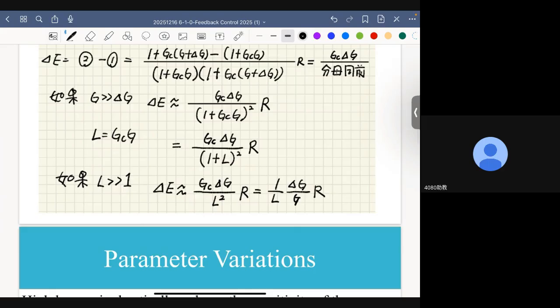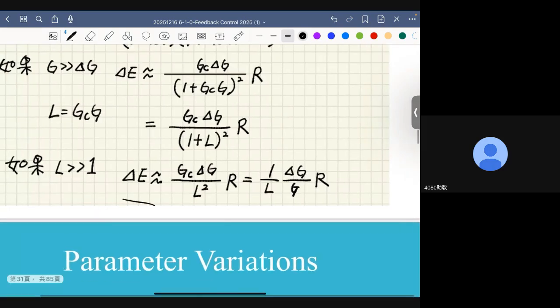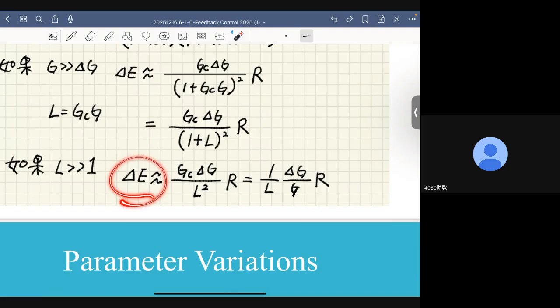Of course, the first thing I know is that I get what I want. Now I know what this error is made of. And remember, my goal is to make it as small as possible. After all, it represents the negative impact of parameter variation. This is an additional error term due to the uncertainty of parameter variation. I don't want it, okay?